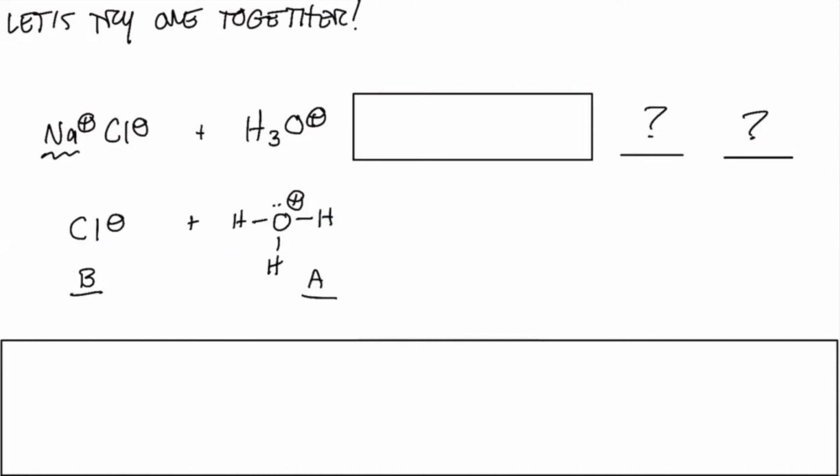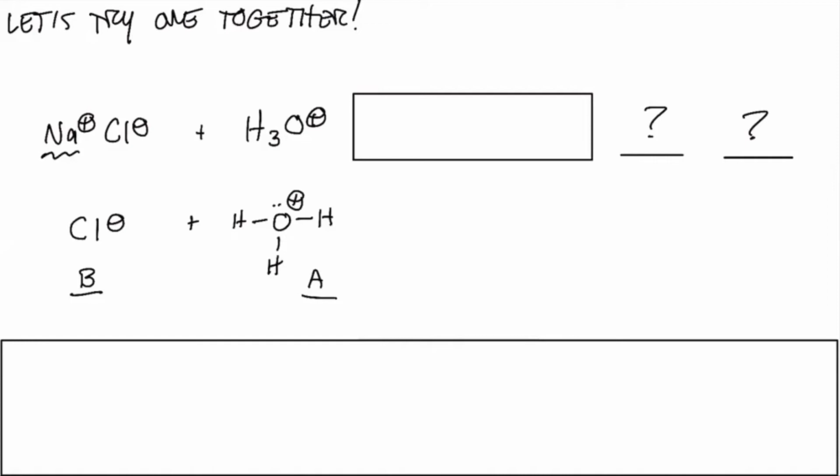Now we have to come to what the products of this reaction are going to be. We're going to talk about arrows in a second. If you want to do arrows first, that's totally okay. But for now, I think it may be easiest to say, what would change about the structure of this H3O plus if we removed a proton and put it onto this Cl?